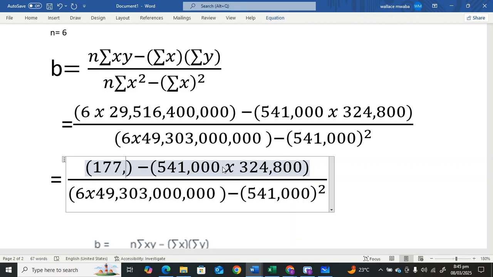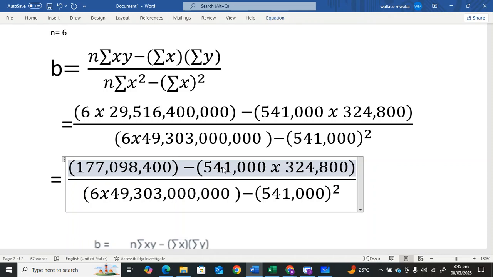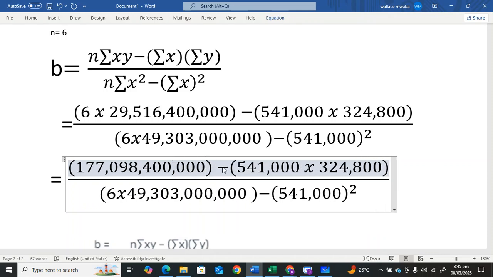Are we getting this figure when we multiply 6 and 29 billion? Are we all getting this figure? 177 billion, 98,400,000. Colleagues, are we all getting this value?